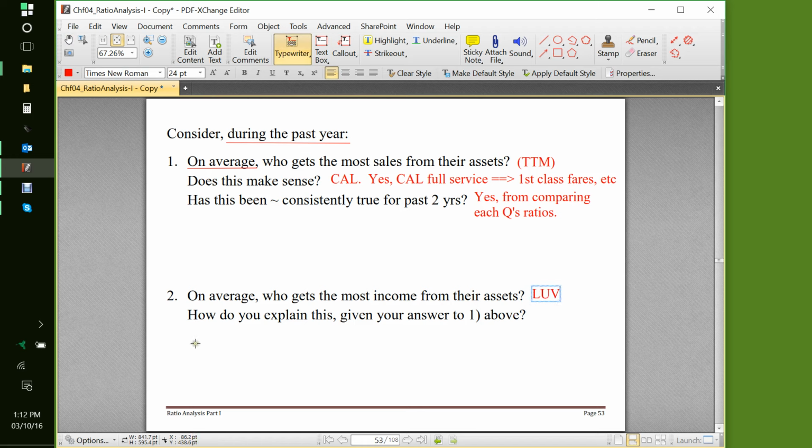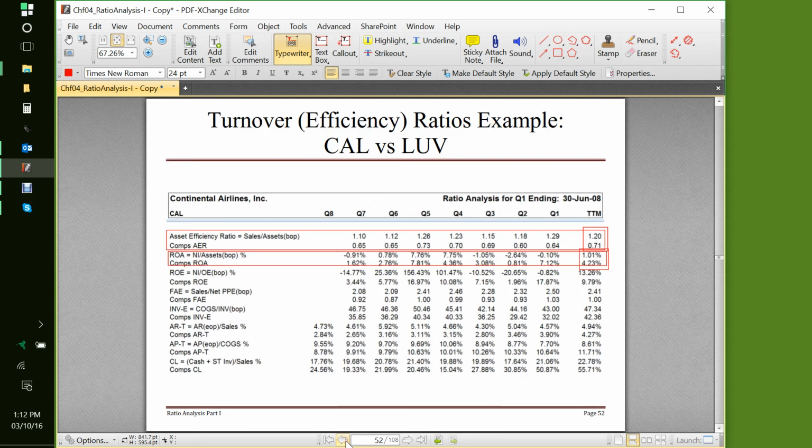And how do we explain this given our answer to one above? Well, what's the difference between these two? This is the top line of the income statement, sales. What's the bottom line? Net income. It's sales minus all the expenses. So that must mean that Continental has higher expenses relative to Southwest.